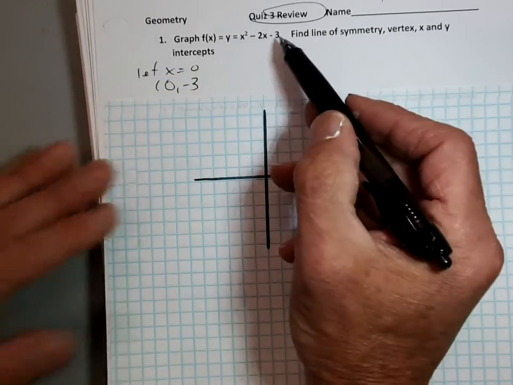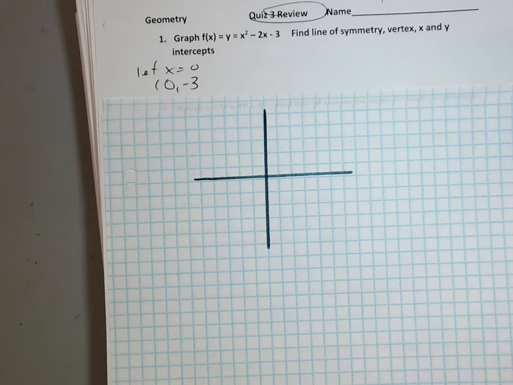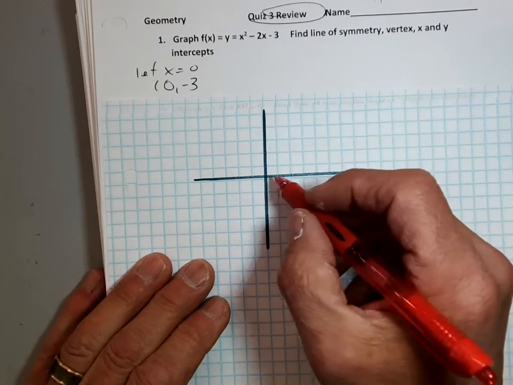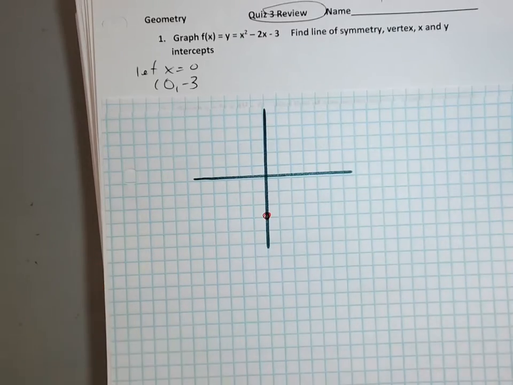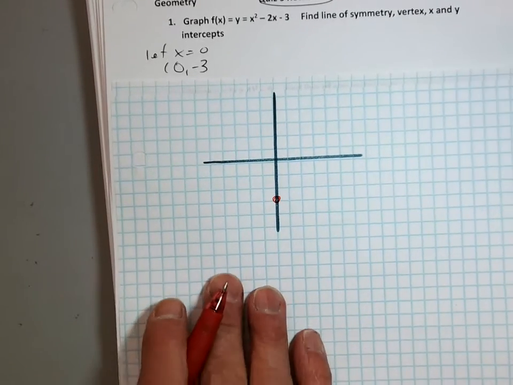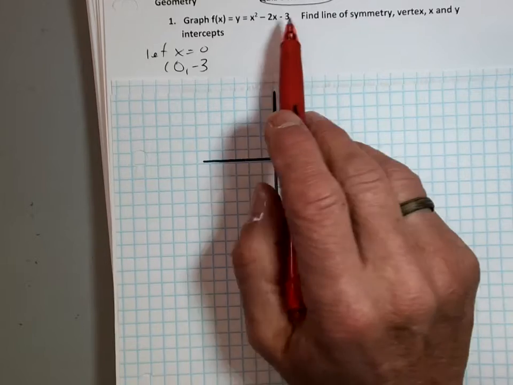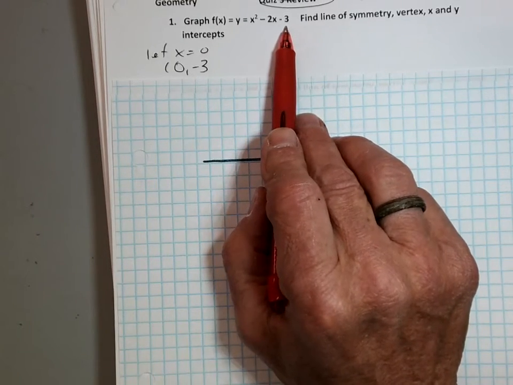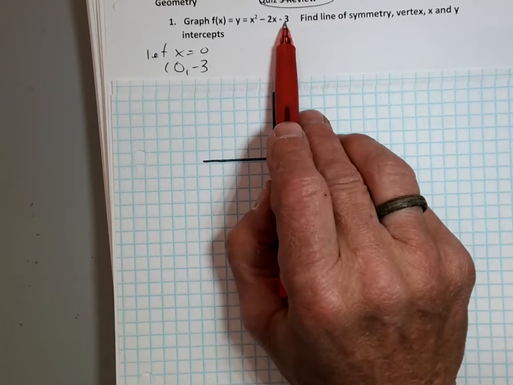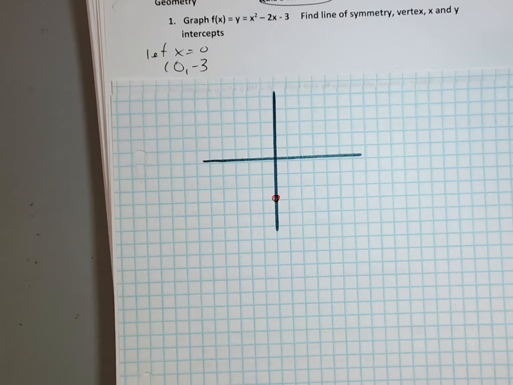Or it's just -3. We know that from other graphing we've done. So I'm going to put a point at 0, -3. Okay, there's one thing I can get pretty easily. Everybody okay with the y-intercept? It's just going to be the number by itself, because if that's 0 and that's 0, we're left with -3, right?